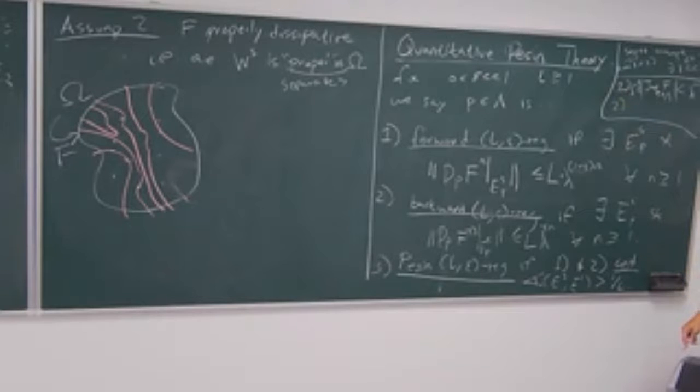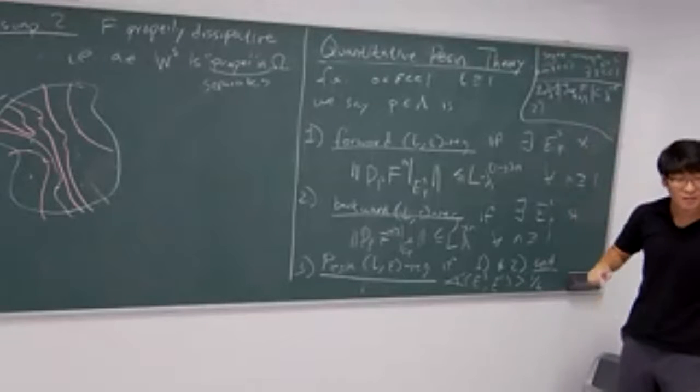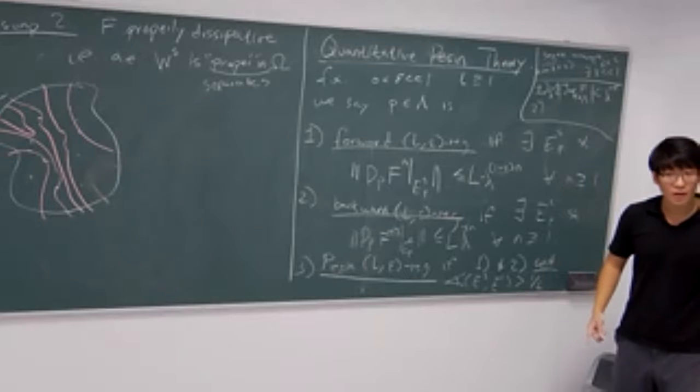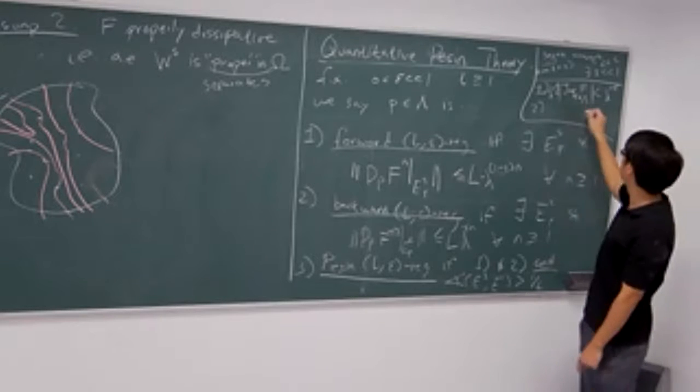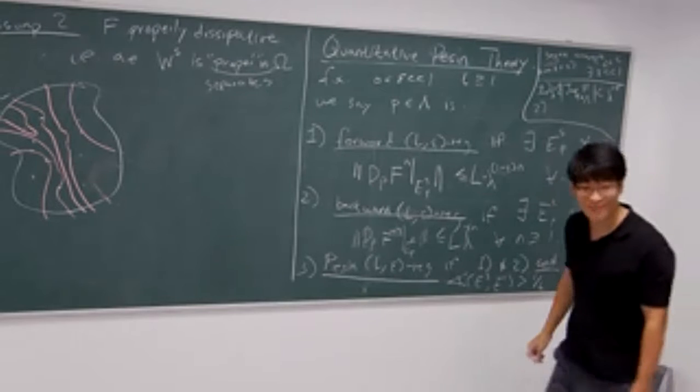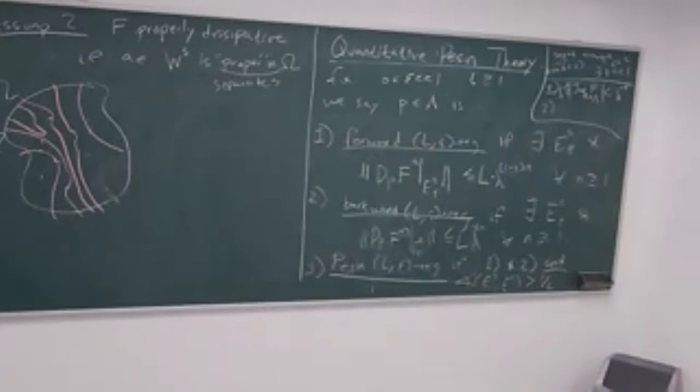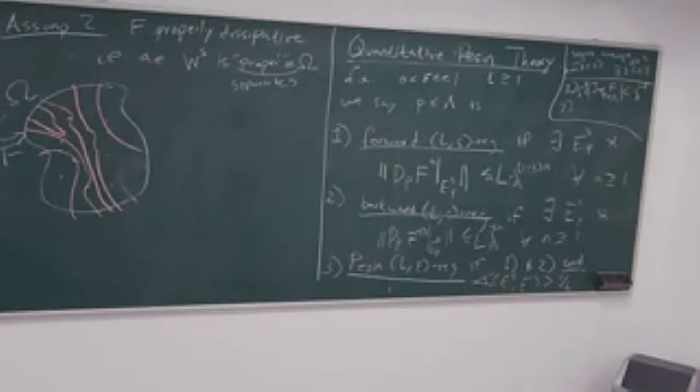You cannot have angle shrinking exponentially. The strongest contraction that you can have is pretty much lambda, and the strongest expansion that you can have is pretty much that. So this is something that you can get from assumption 1 and 2.